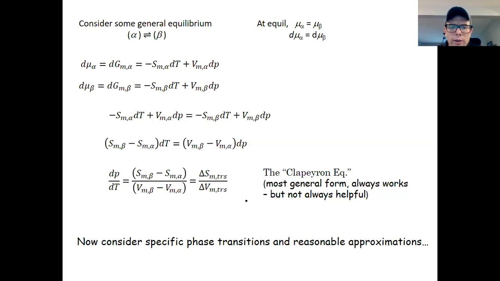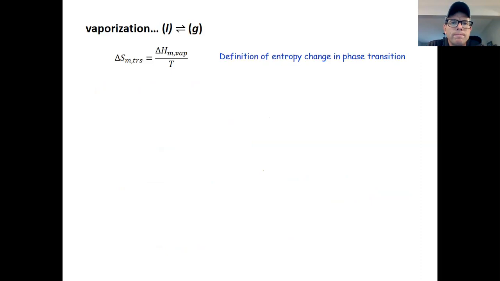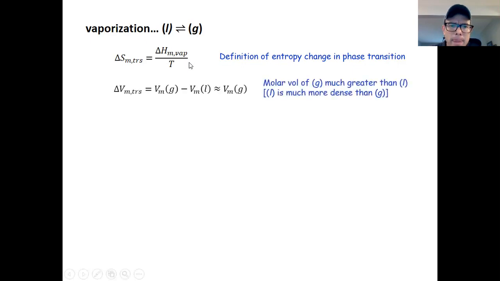And so what we're going to do now is consider some phase transition and make some reasonable approximations. Here's the first one. Let's talk about a vaporization, liquid to a gas. So starting at the Clapeyron equation, I need some expressions for ΔS and ΔV. Well, recall that for a phase transition, this is the definition of the change in entropy, ΔH divided by T. In the denominator, I need ΔV molar.